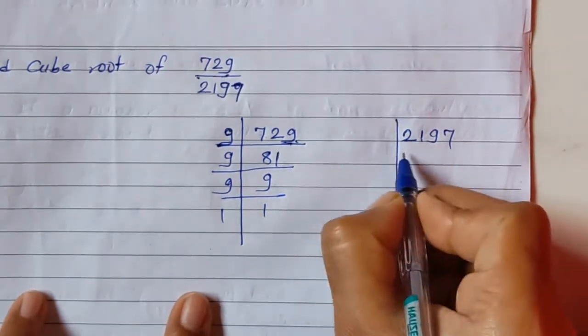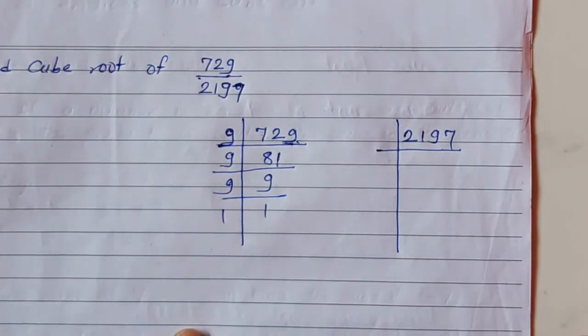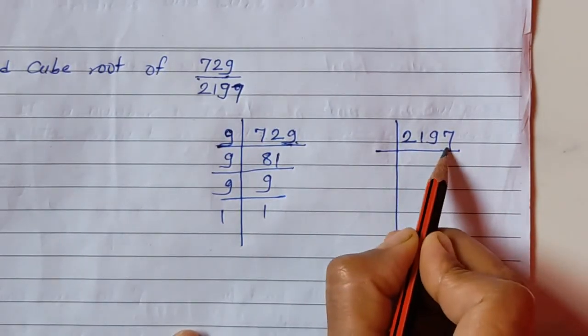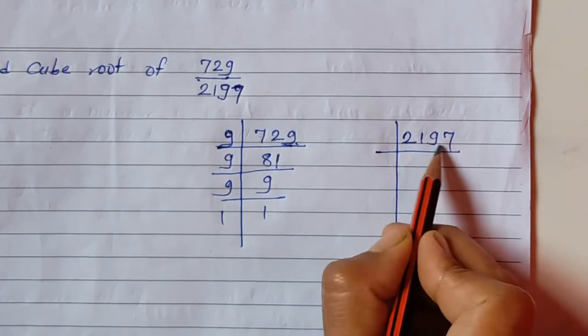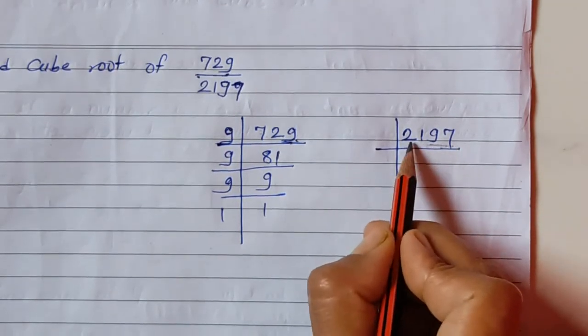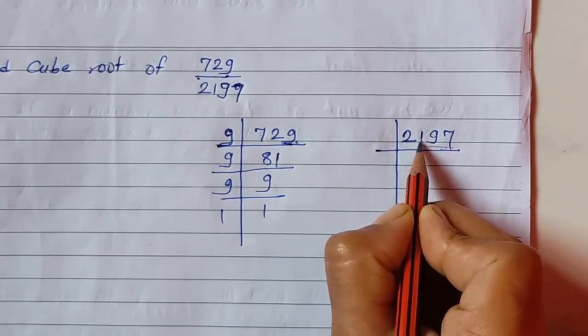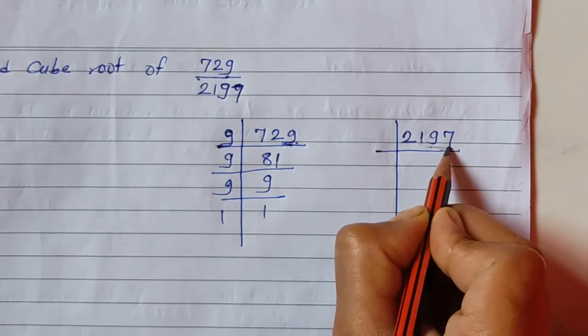2197 and check some tests of numbers. I am using the test of 2 first. See, it is not even, so it is not divisible by 2 and 4 also. Here I am checking for 3 and 9. Its sum is 2 plus 1 is 3, 3 plus 9 is 12, 12 plus 7 is 19.